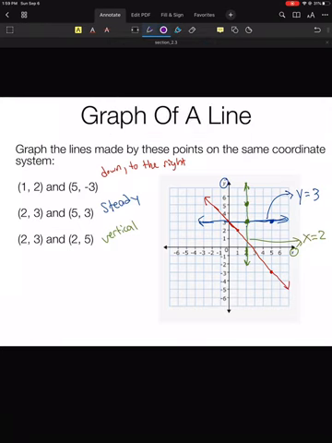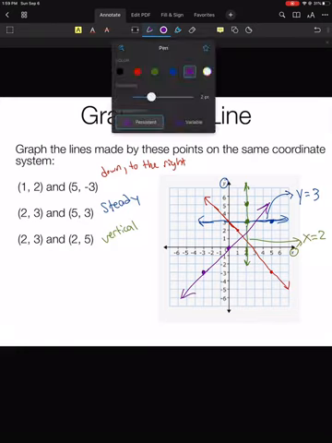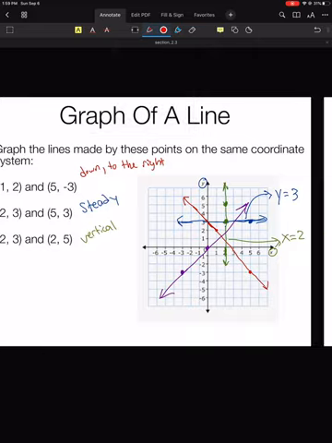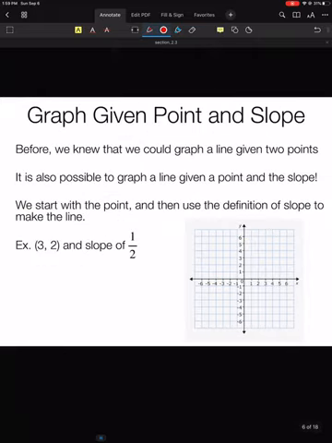And of course, if the slope is positive, we'll say purple. If I had 2 points that were here and here, a positive line goes up and to the right. So that's the graph of a line using 2 points.